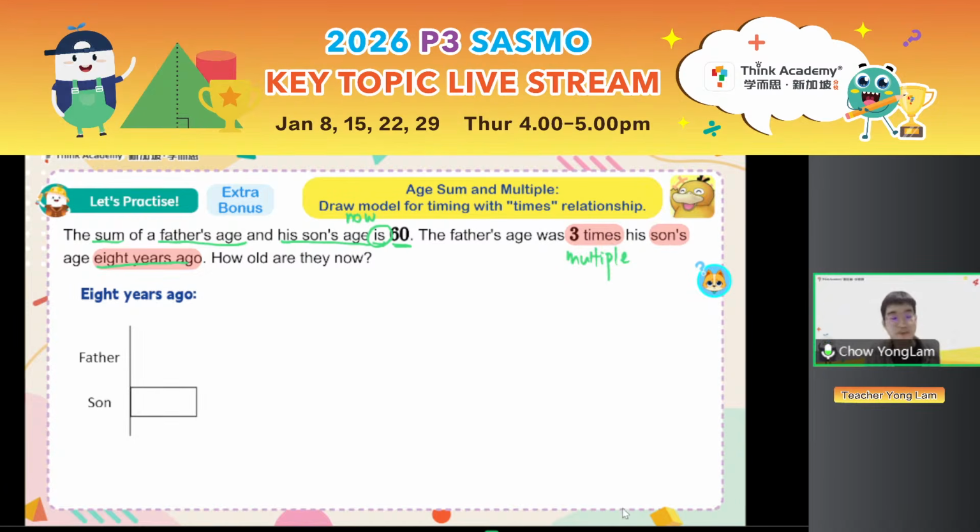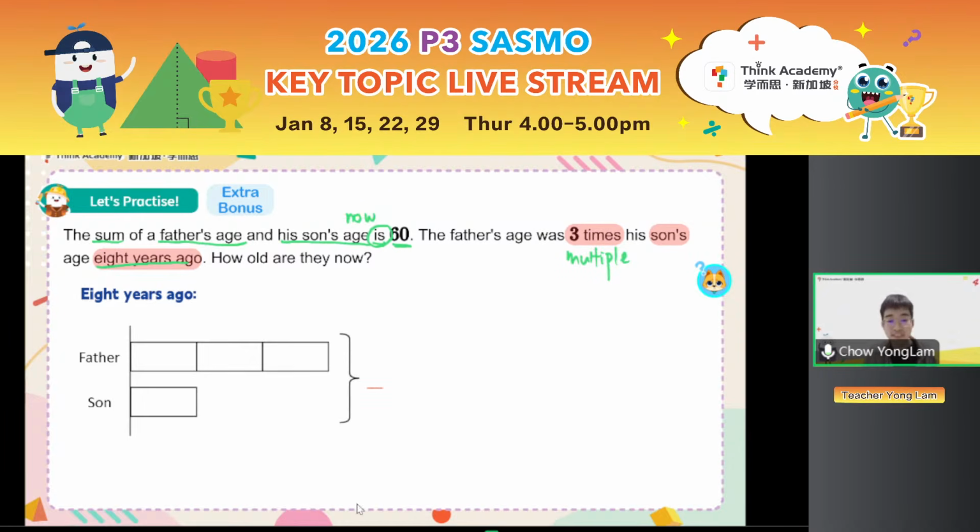So son is 1 unit, father is 3 times, so 3 units. And then since the question gives you the sum, that means you can label the sum. So the question is sum and multiple. We labeled the multiple in the model already. Then the sum. Haha, is it 60?